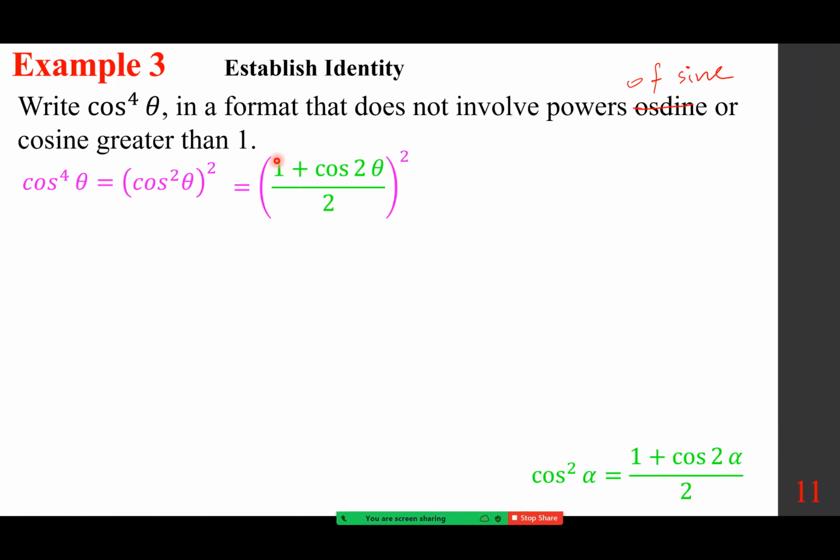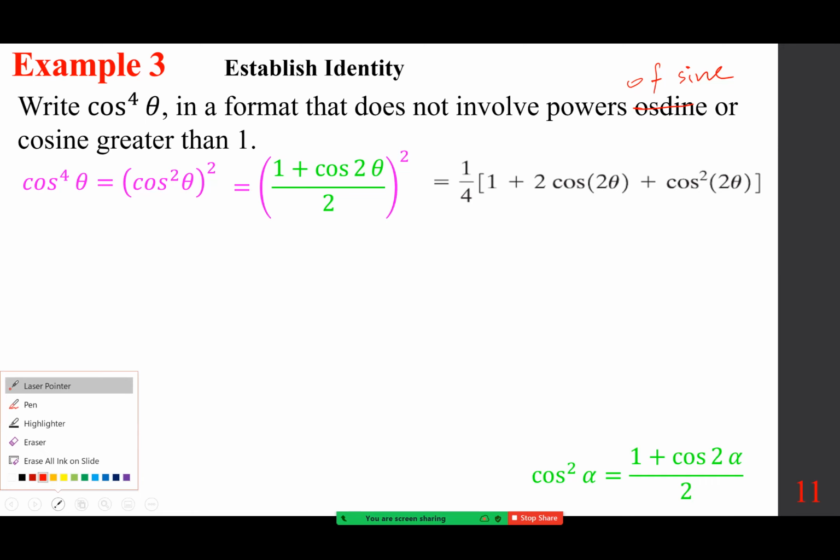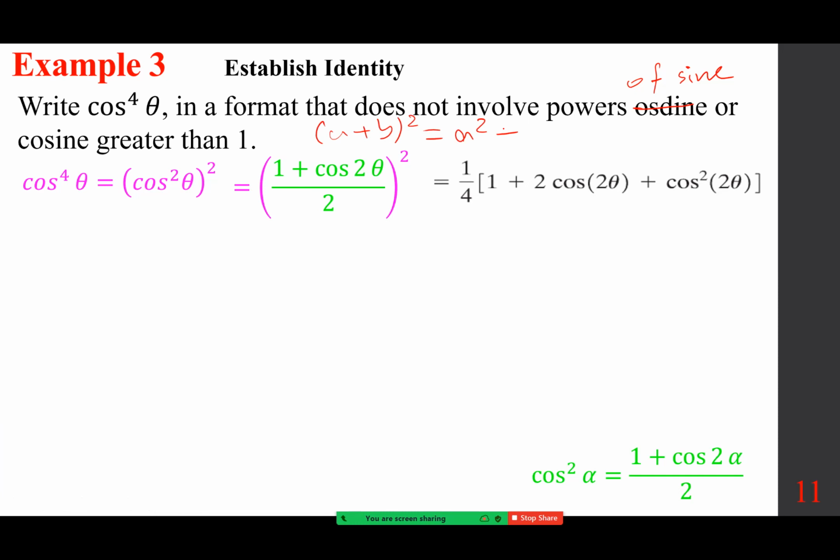The top is 1 plus 2 cosine 2 theta plus cosine squared 2 theta. I'm assuming we are okay with that, and I'm going to rewrite what I've been writing for you all along. A plus B quantity squared is A squared plus 2AB plus B squared.